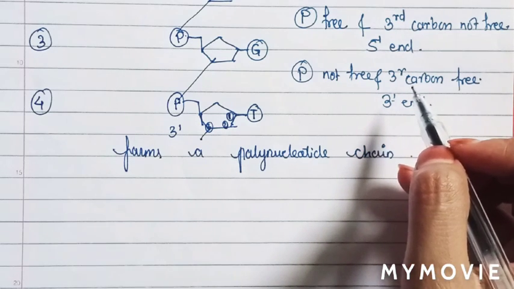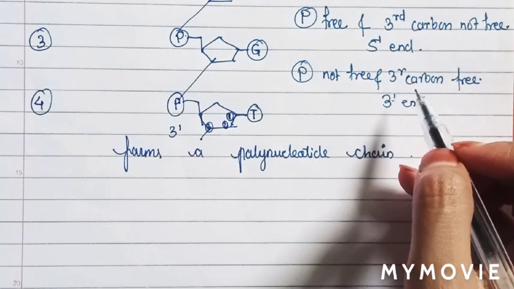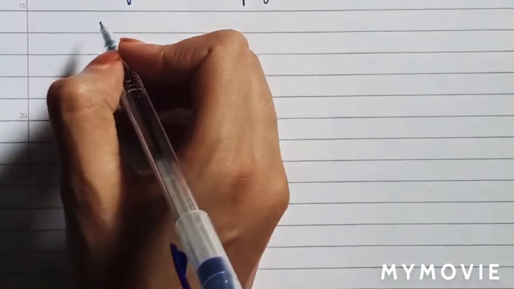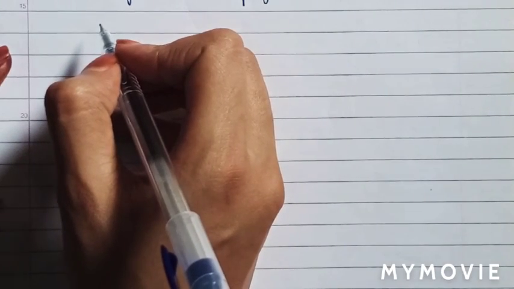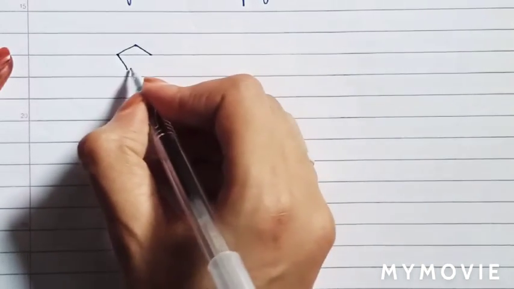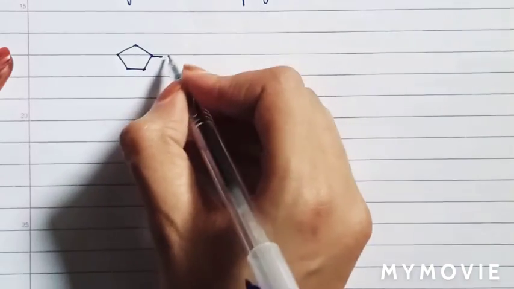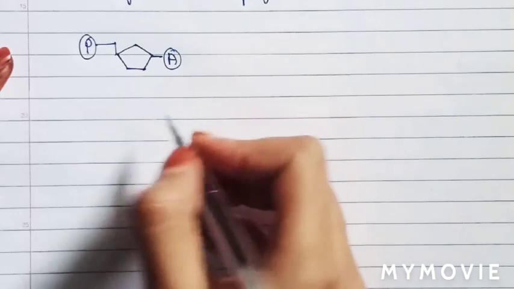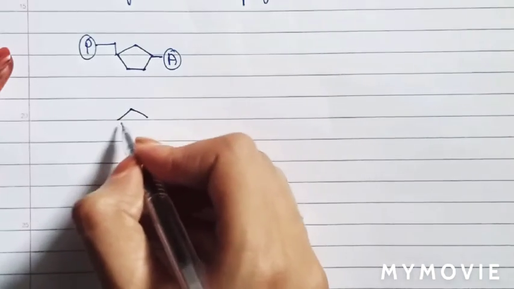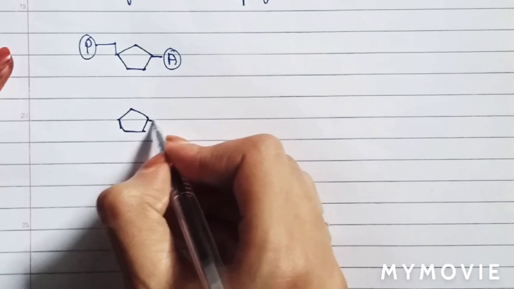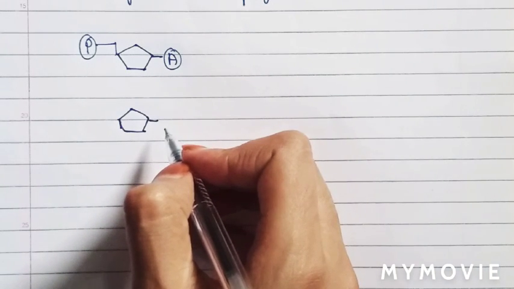Now we are going to see the antiparallel strands of DNA. Now we will draw here the structure of the antiparallel strand, 3' to 5' and 5' to 3'. First you have to draw the nucleotides: adenine, and this is the phosphate group. We will draw only 4 nucleotides here. It doesn't mean that DNA has just 4 nucleotides.